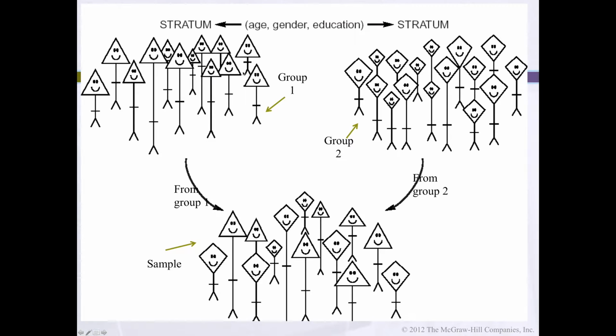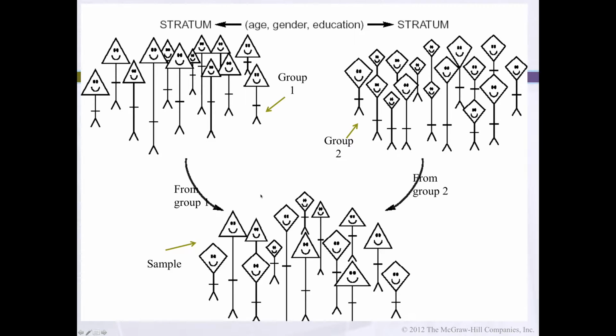For example, for stratified sampling, we divide our university into two groups based on gender. Group 1, female. Group 2, male. So we select some students from group 1, then we select some students from group 2 to get the sample.